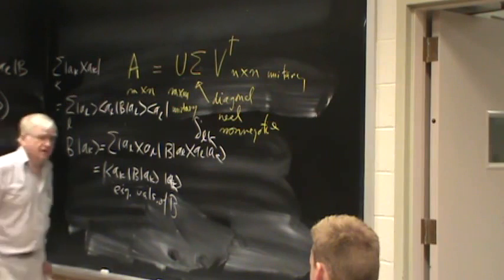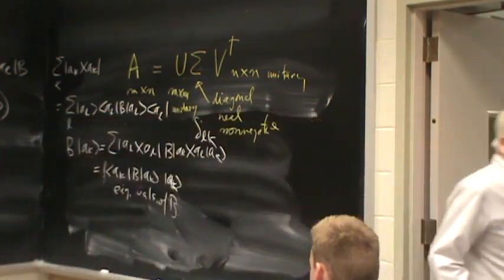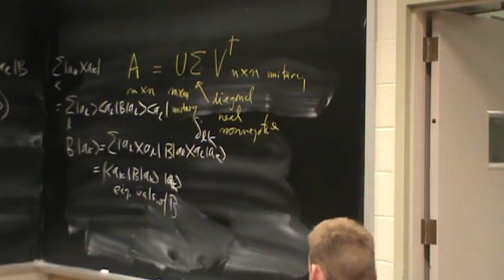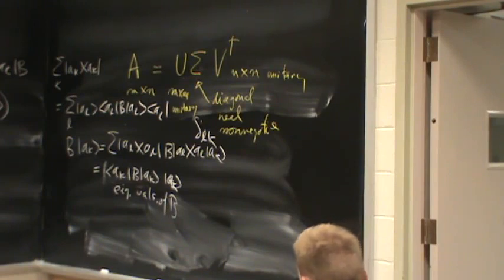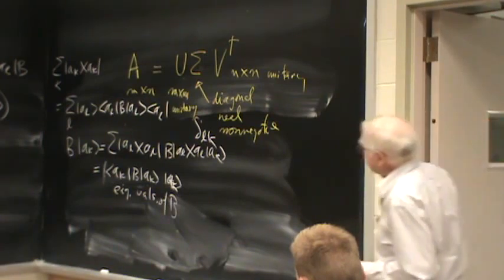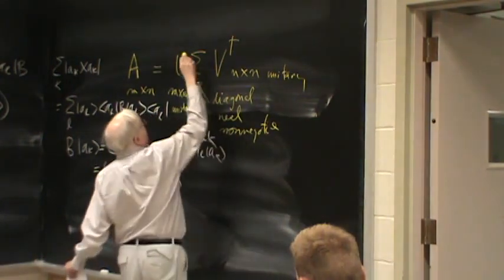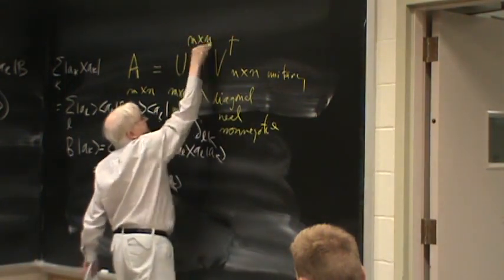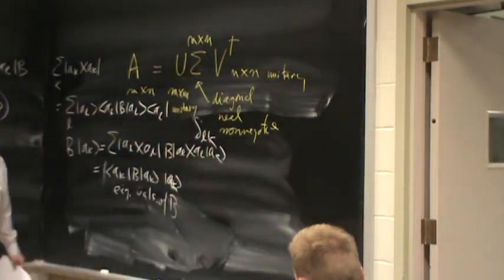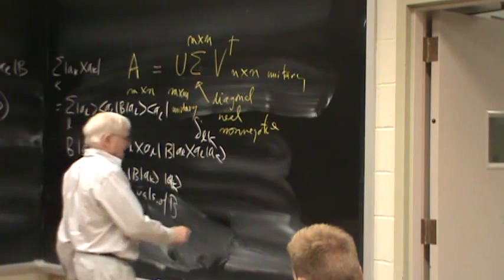Yes. So would sigma then have to be n by n? Did I write n by n? Well, no. Sigma is m by n, rectangular in general. So how can you have a diagonal rectangular matrix? All right.